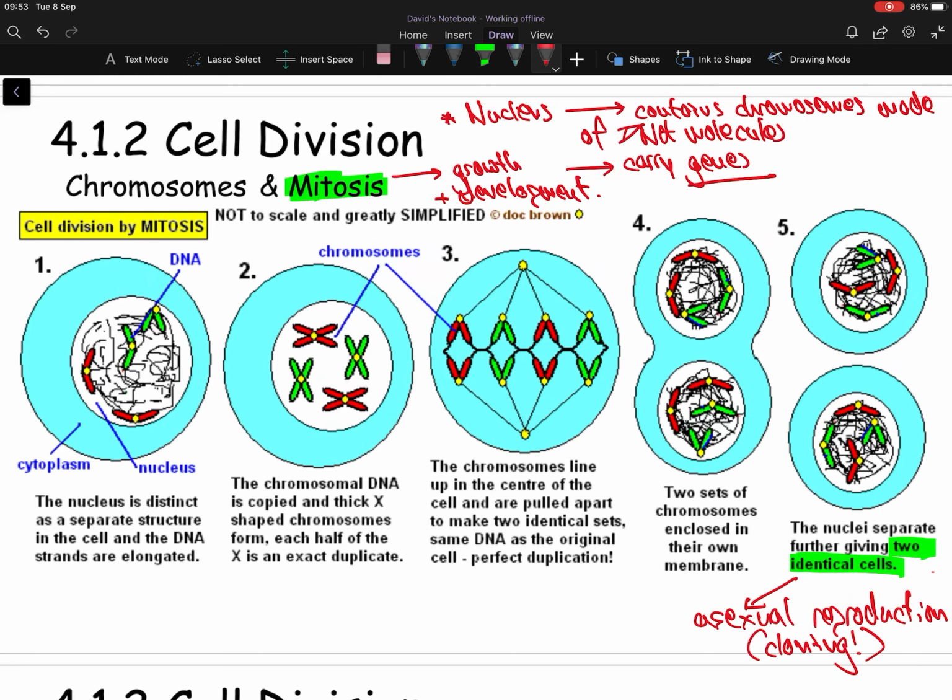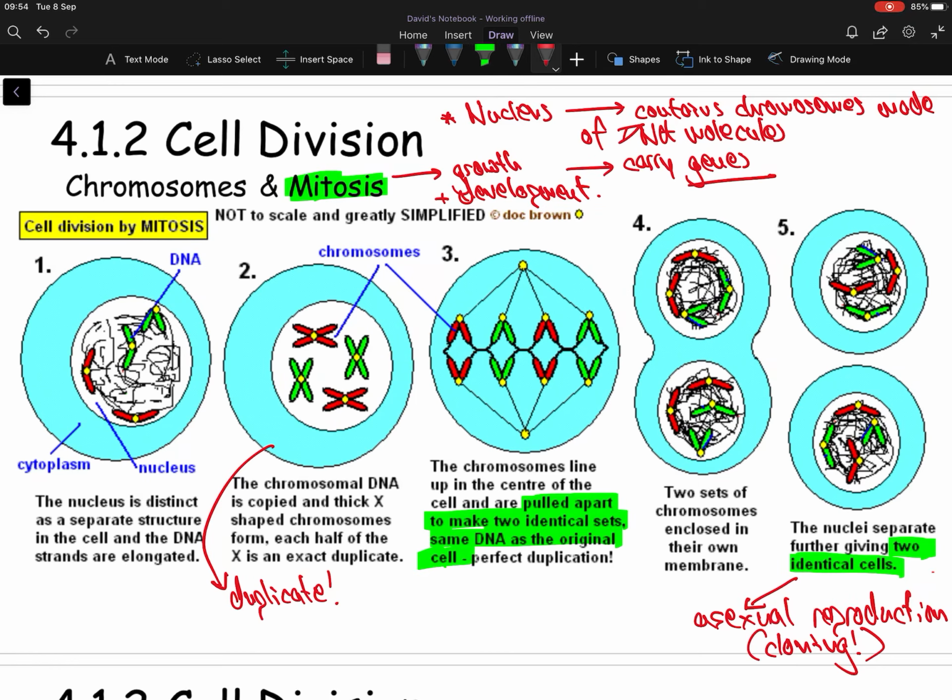So in your first step, you have your chromosomes, and then the chromosomes themselves duplicate. So they double. And then what they end up doing is they end up being pulled apart, the double chromosomes, to make two identical sets which have the same DNA as the original cell.